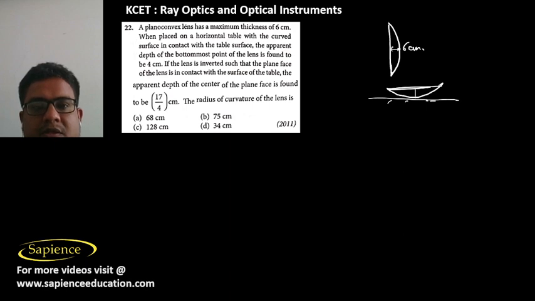If the lens is inverted such that the plane face of the lens is in contact with the surface of the table, the apparent depth of the center of the plane face is found to be 17 by 4 centimeter. Find the radius of curvature of the lens.